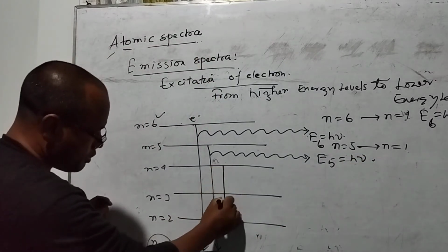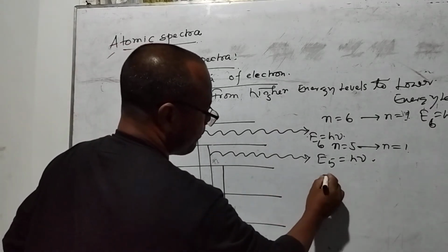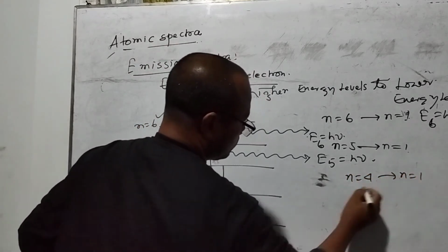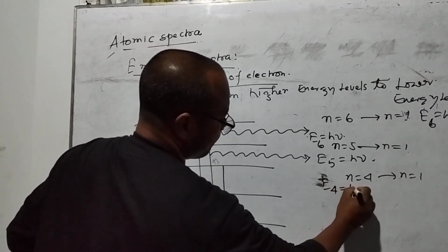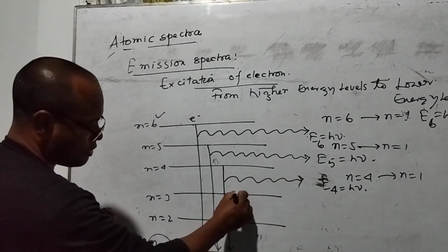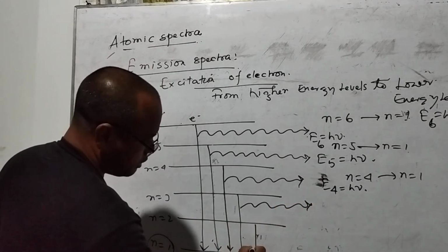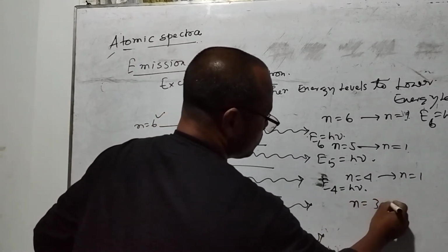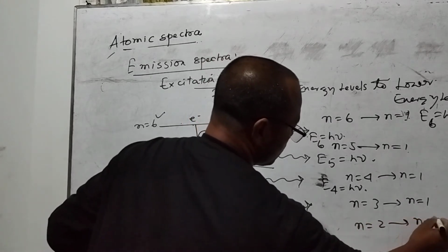Another excitation we can draw like this, n is equal to 4 to n is equal to 1. So radiation is released like this. Similarly, n is equal to 3 also can be released in the form of radiation, and that is another form of radiation for the excitation of n is equal to 3 to n is equal to 1, and n is equal to 2 to n is equal to 1, right?